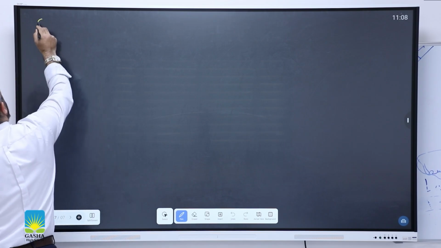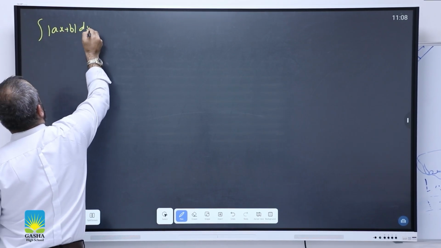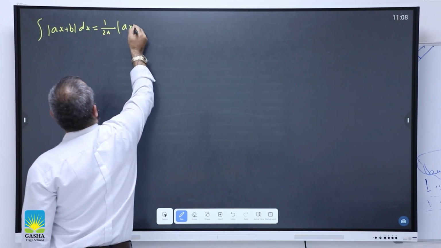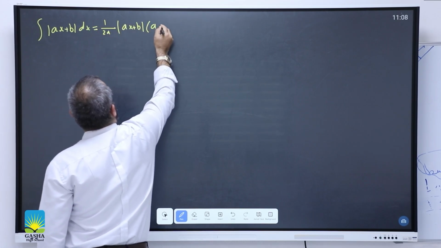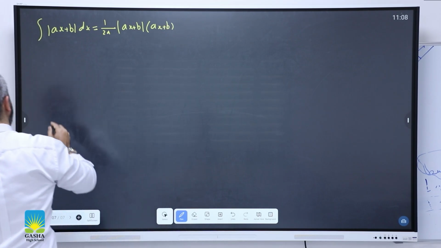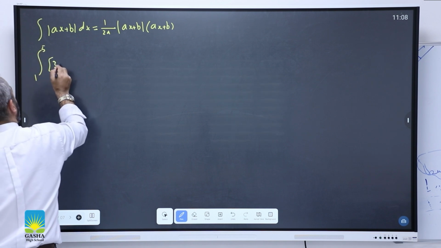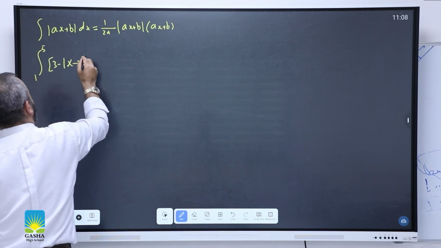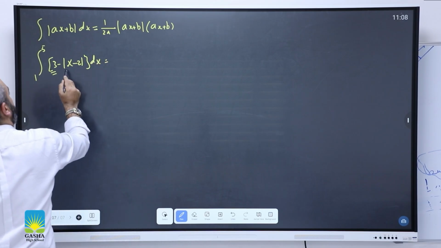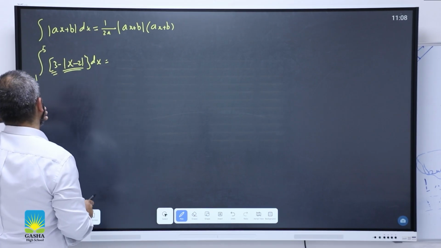The integral of absolute value of ax plus b dx equals 1 over 2a times ax plus b times the absolute value of ax plus b. What about the integral from 1 to 5 of 3 minus absolute value of x minus 2 dx? We can use the formula for the integral of 3 and of this absolute value.